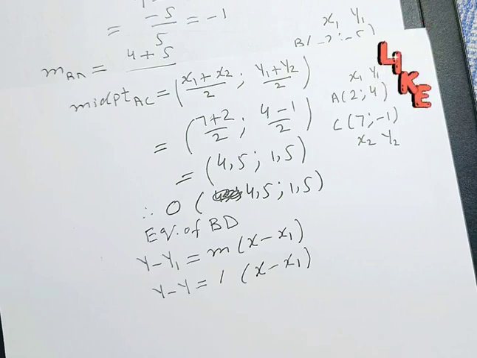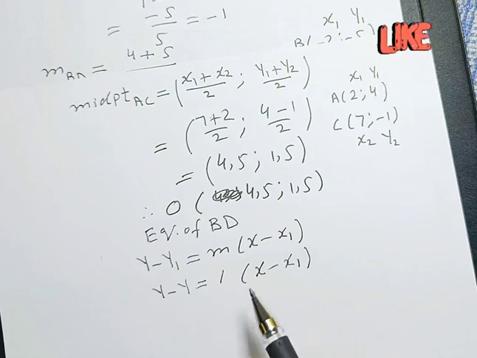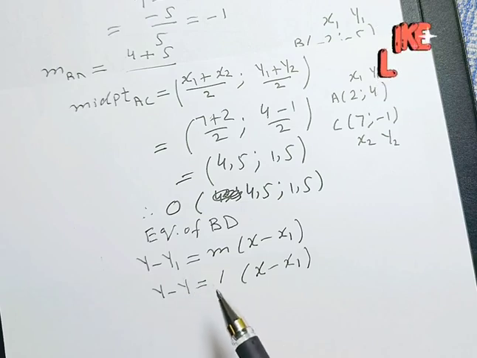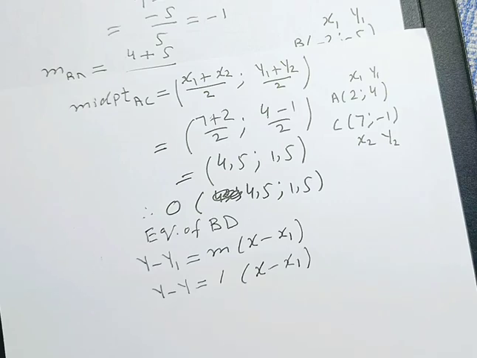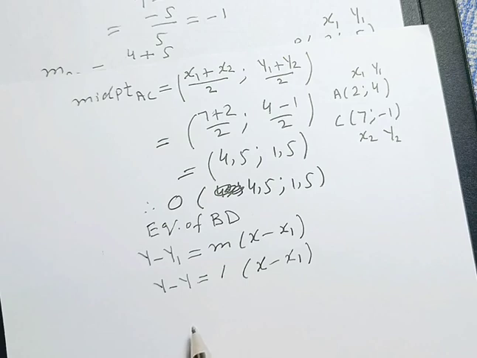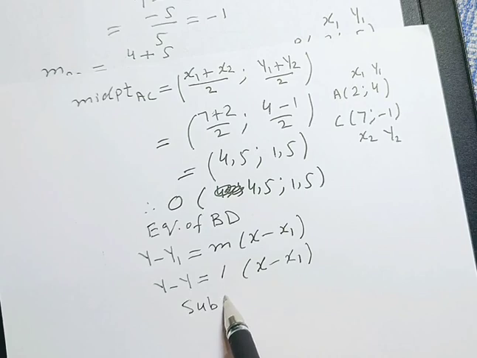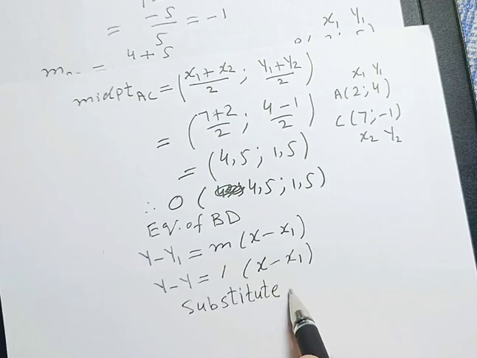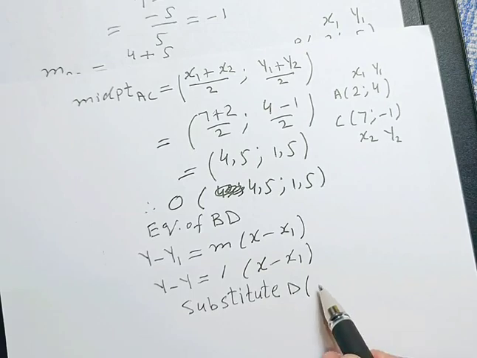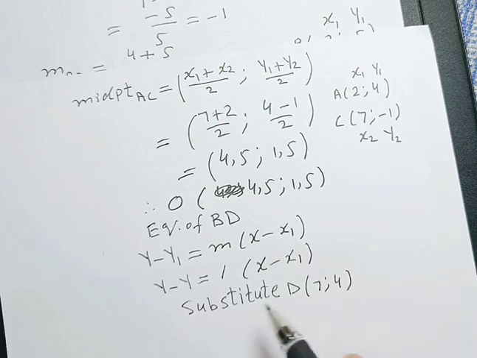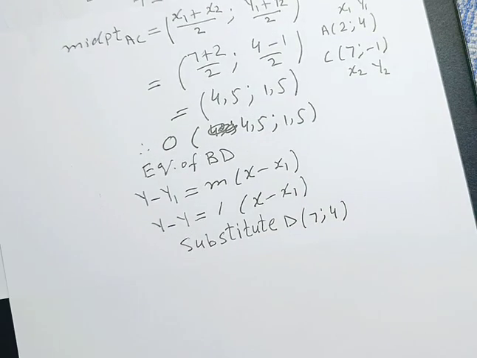Now we can substitute one of the coordinates, B or D, to find the equation. I decided to substitute D. You can even substitute B, the answer will be the same. So we'll substitute the coordinates of D, which is 7 and 4, into this equation.